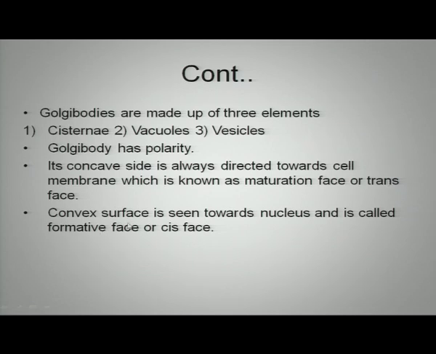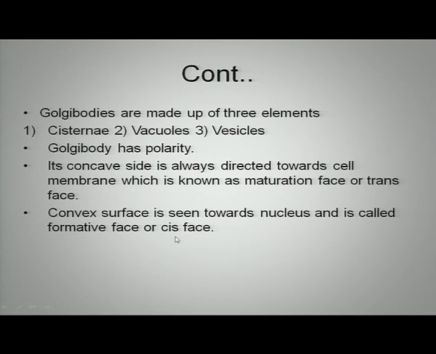The convex surface is seen towards the nucleus of the cell. That means it is facing towards inside and it is called the formative phase, or we can say the cis phase.